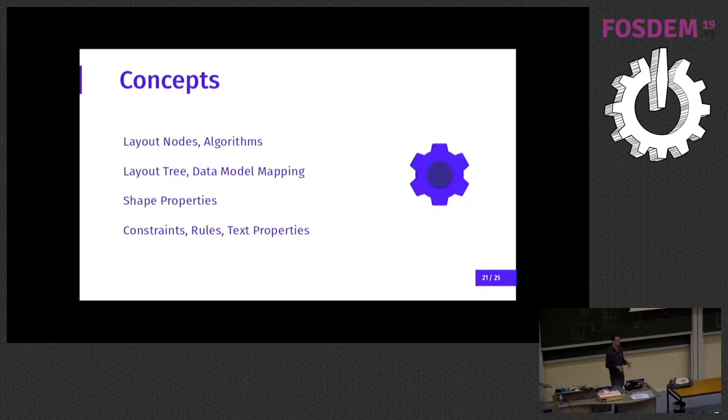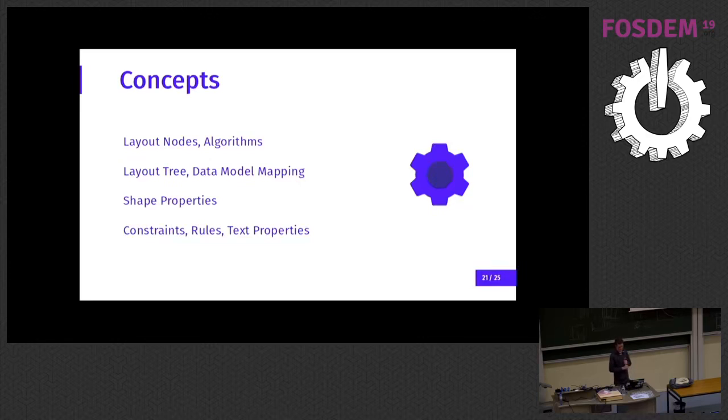This is a bit easier problem compared to handling random input for this layout algorithm and expecting that it's behaving exactly the same as PowerPoint all the time. So the data model mapping decides how to associate the layout nodes to 0, 1, or multiple data nodes.